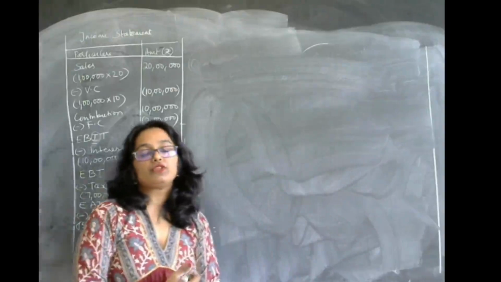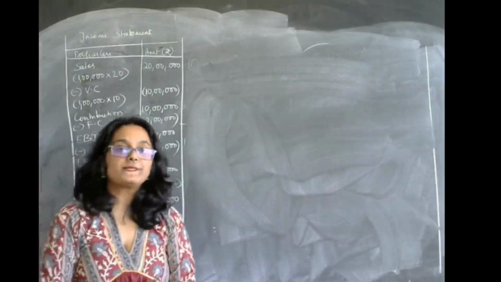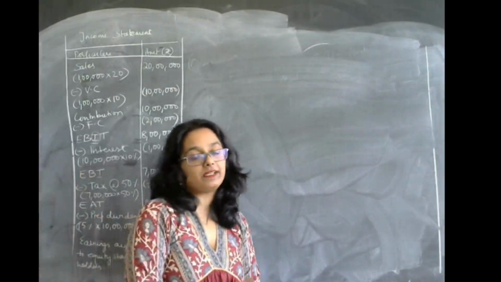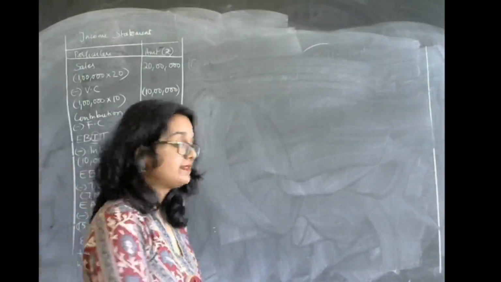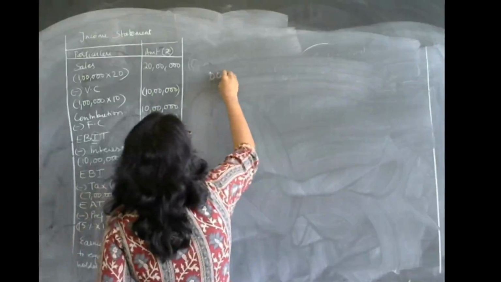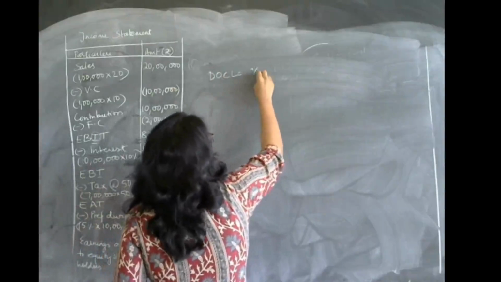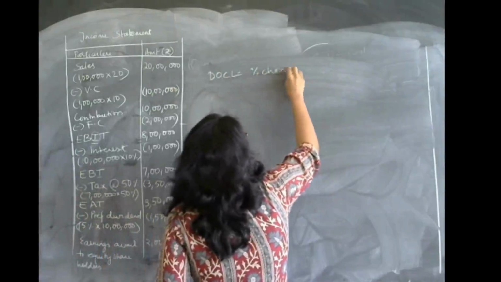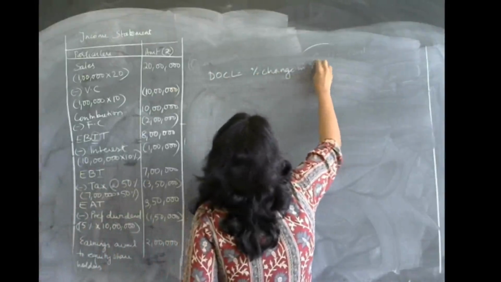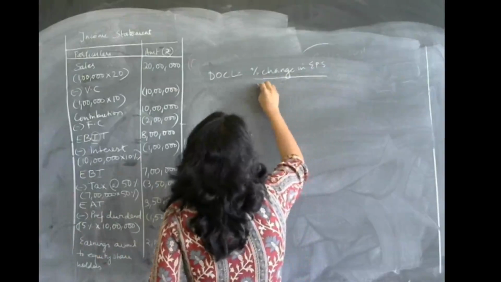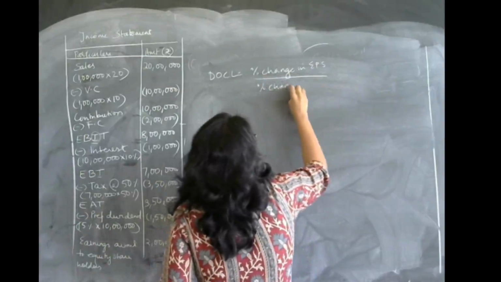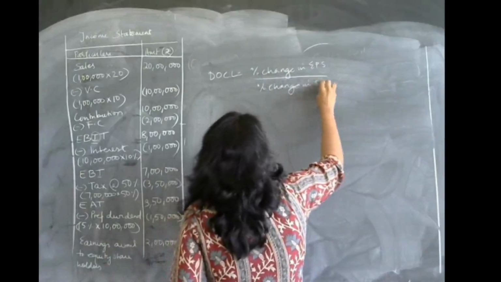So what was the formula? The formula was percentage change in EPS divided by percentage change in sales. So degree of combined leverage is equal to percentage change in EPS divided by percentage change in sales.